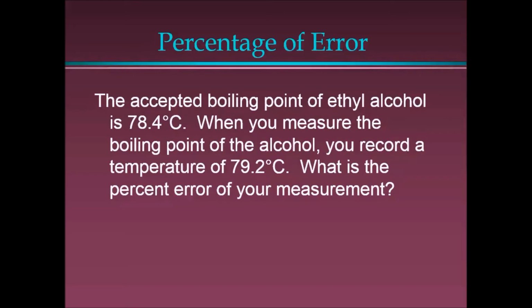All right. Get those calculators warmed up. Here we go. The accepted boiling point of ethyl alcohol is 78.4 degrees Celsius. What did I just tell you? The truth. That's the truth. Now, when Mark measures the boiling point of the alcohol, Mark records a temperature of 79.2 degrees Celsius.